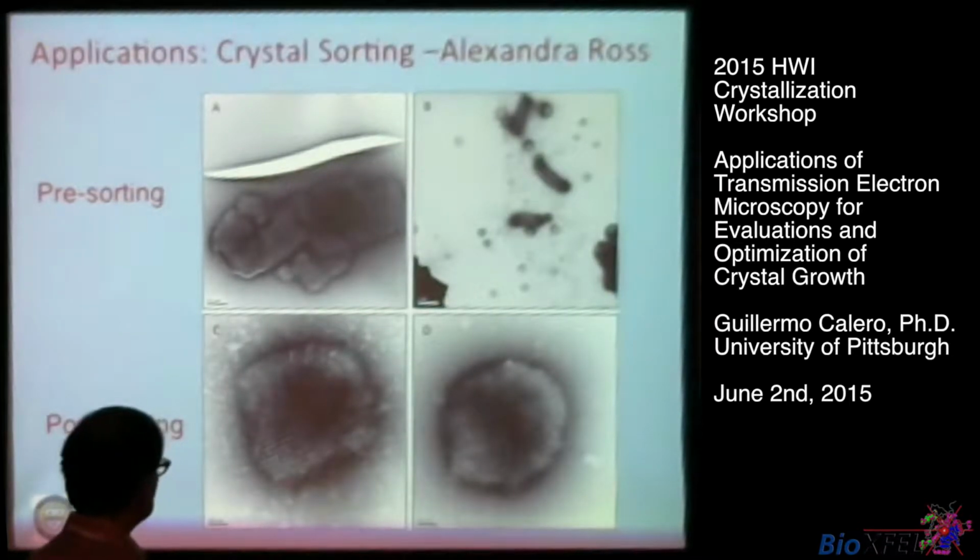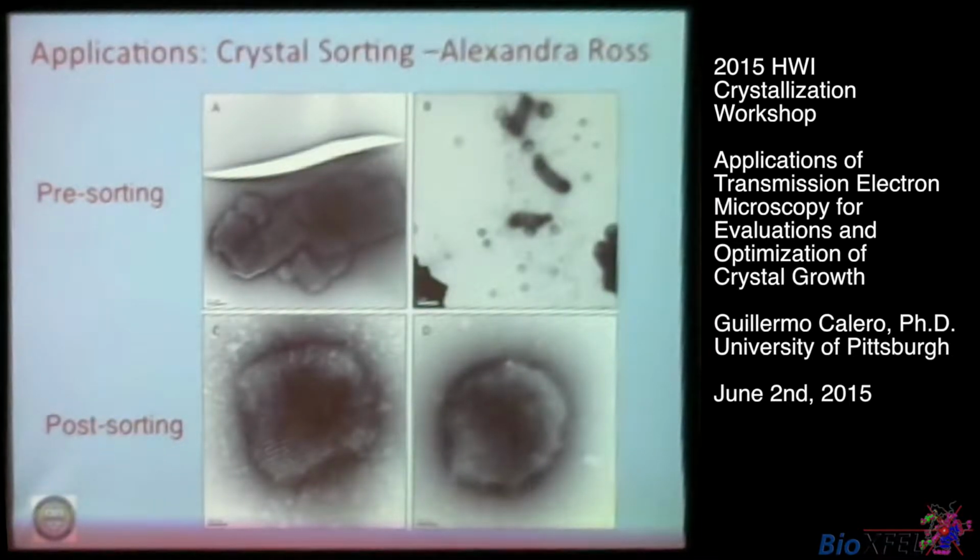As you can see, she really achieved her goal to completely separate the large aggregates and the contaminants from the very nice size crystals. This is 500, this is 100 nanometers. So this crystal is probably 400 by 500, more or less. So these are some examples of the potential applications.